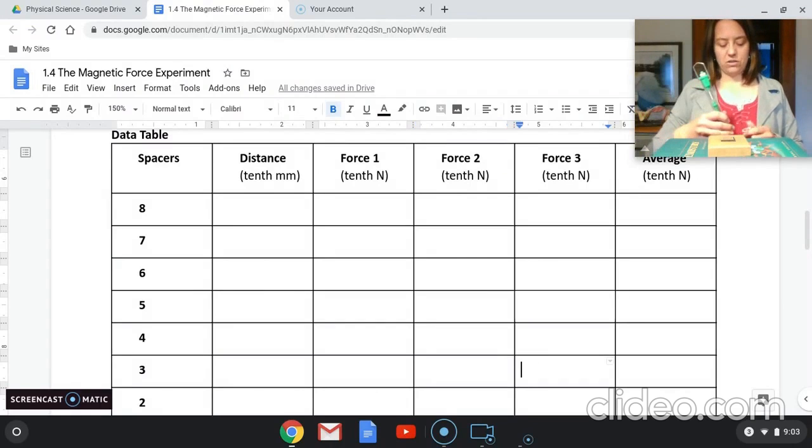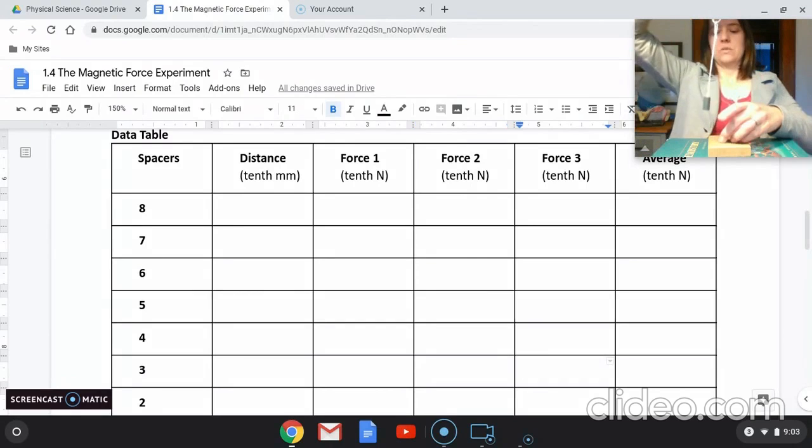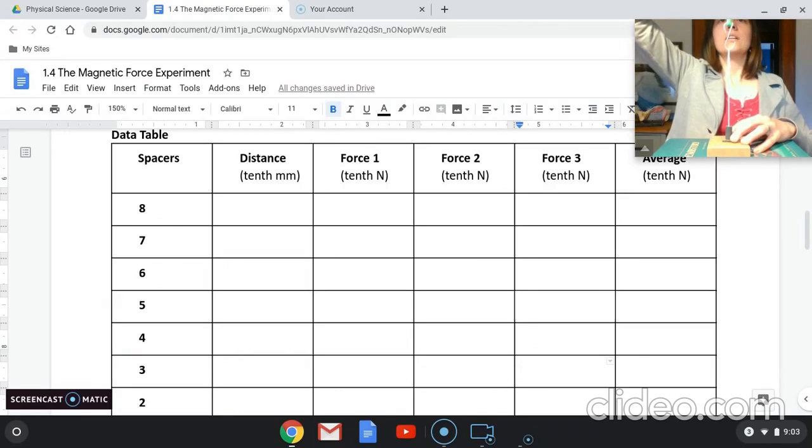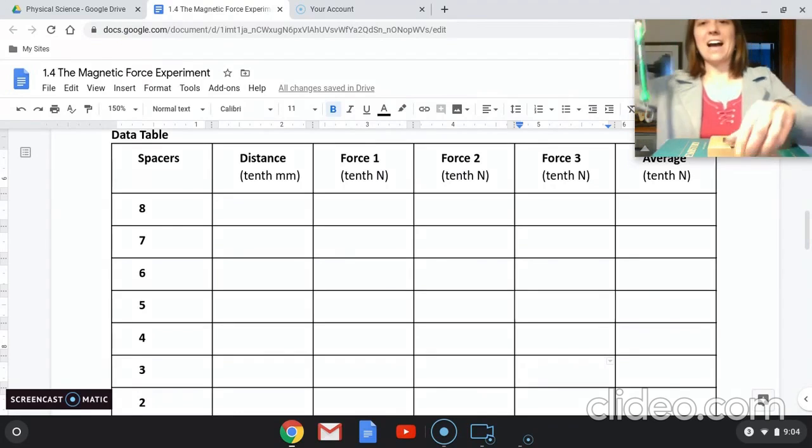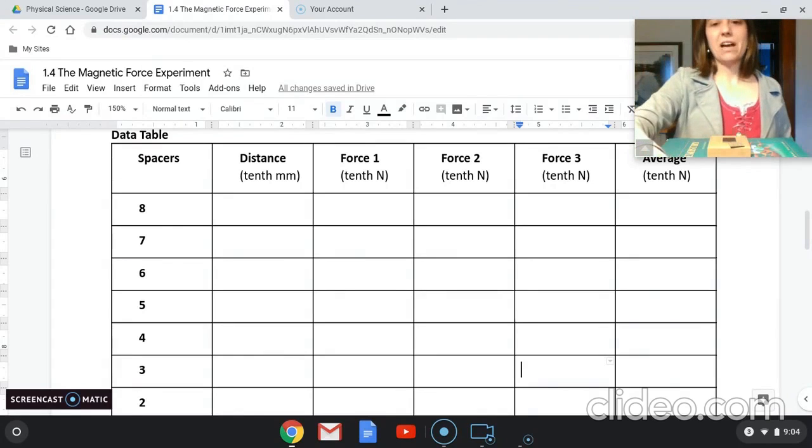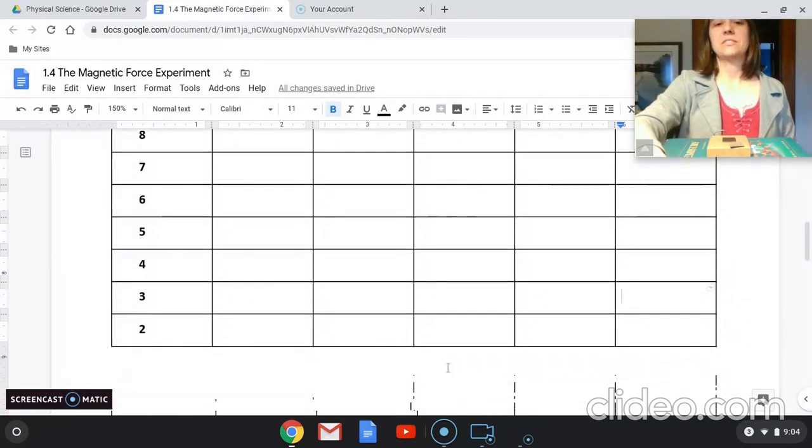And then trial 3, we have 1, 2, 2.2, 2.3, 2.4, 2.5 again. 2.5 newtons. And then coming over here, our average, 2.4, and then I believe it was 2.5 and 2.4, but you'll have to check me on that. Add those 3 up and divide by 3 and put your answer to the nearest tenth.